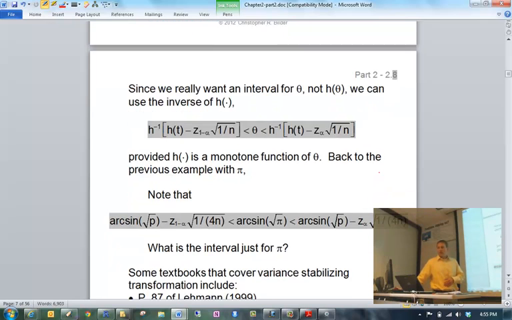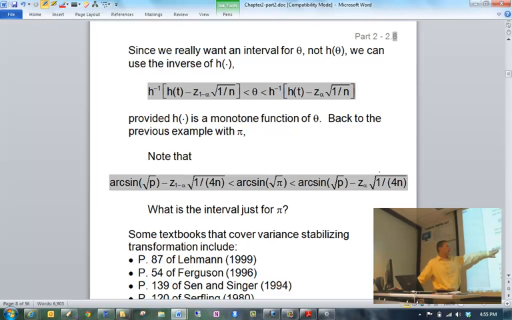With respect to the interval for pi, here's my interval for arcsine square root of pi. And then what one could do is apply the sine transformation to both sides, also with the square, and you get the interval for pi itself. This is often referred to as the arcsine interval for pi. Very common transformation.